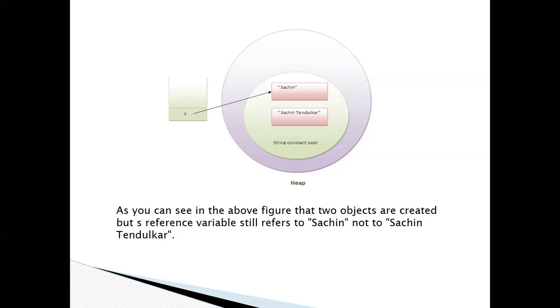Whenever the requirement is that the value can't be changed, go for a string literal or a string. If you want to manipulate or change something, then you can use builder or buffer, right?